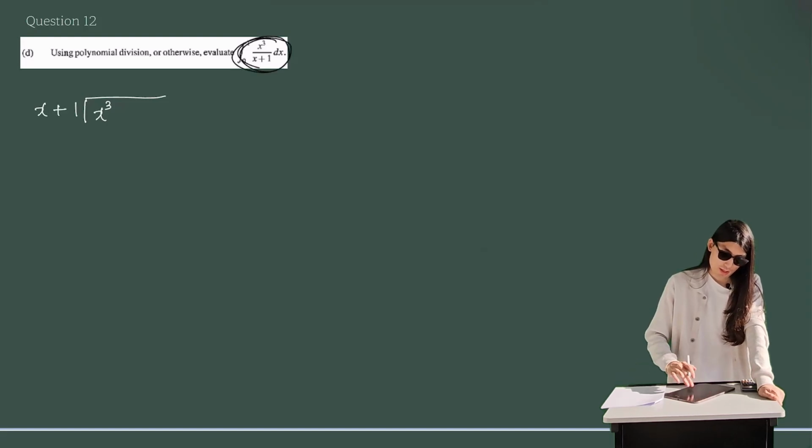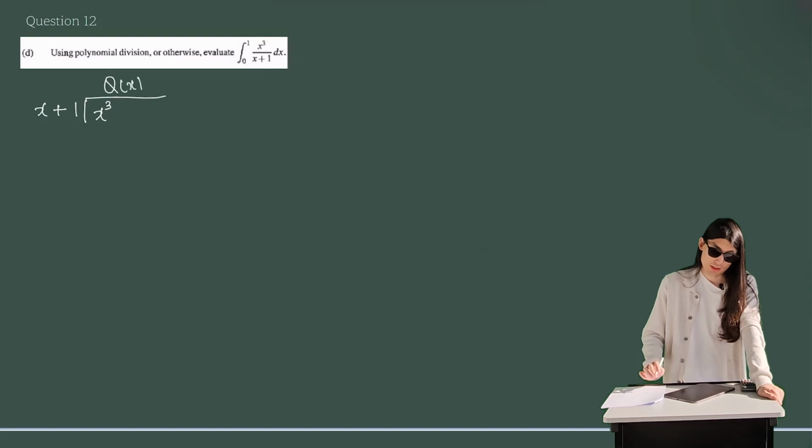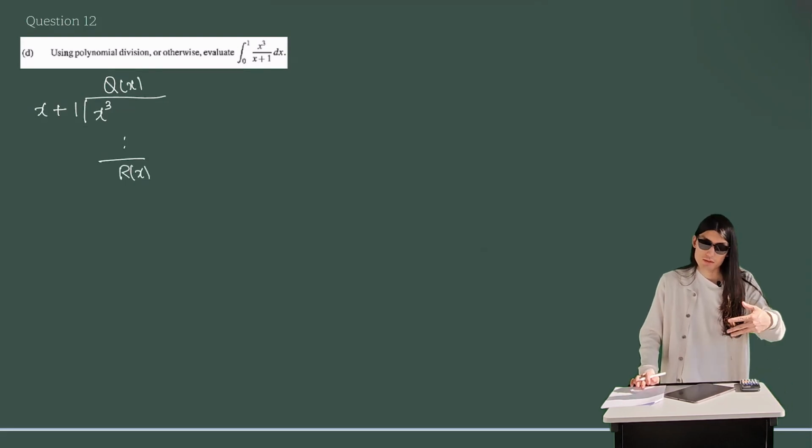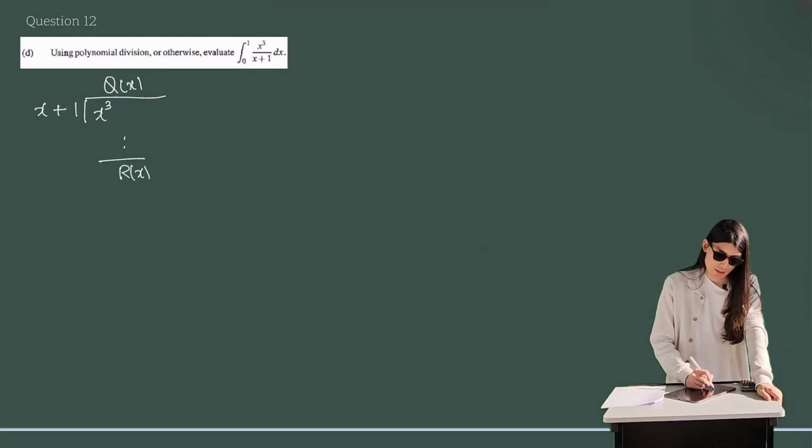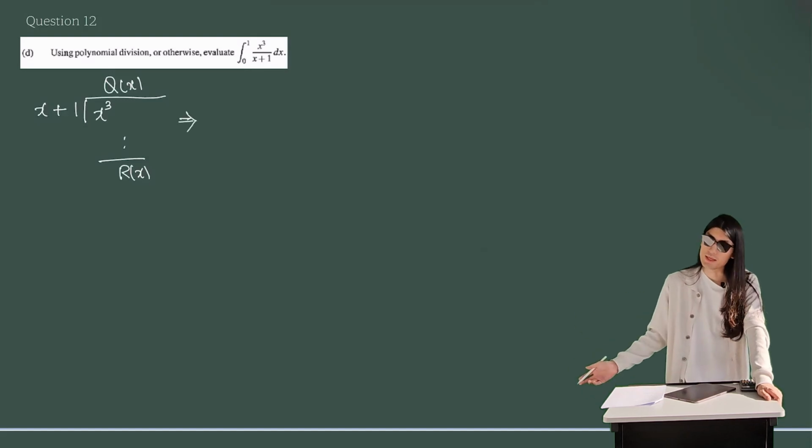Because you literally have x cubed divided by x plus 1. Okay? And you should get some quotient when you do that division, and you should get some remainder as well. And what does this mean? Again, it's the same idea from multis, isn't it, guys?